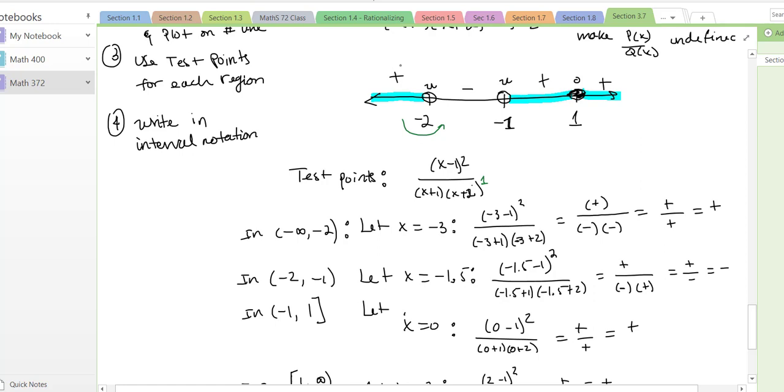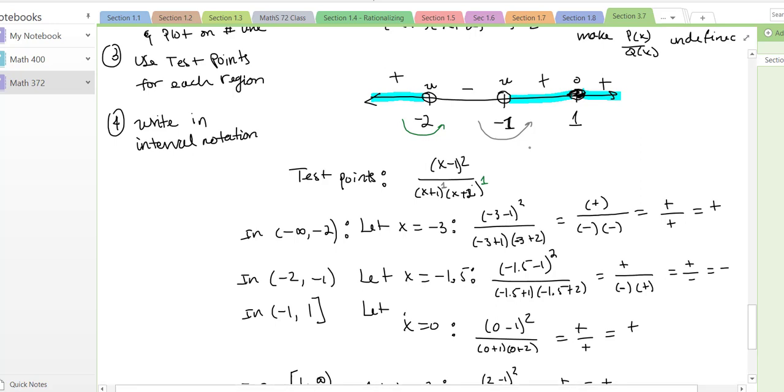I had positive, so it changes to negative. And now I don't have to do test points anymore. As I go across negative 1, which factor did negative 1 come from? Negative 1 came from x plus 1 to the first, which is odd as well, so the sign is going to change. I had a negative, it's going to change to a positive.